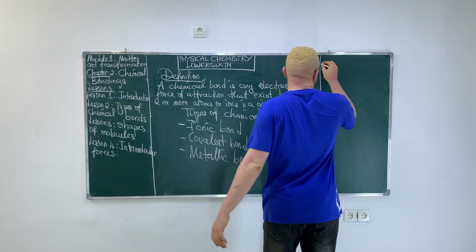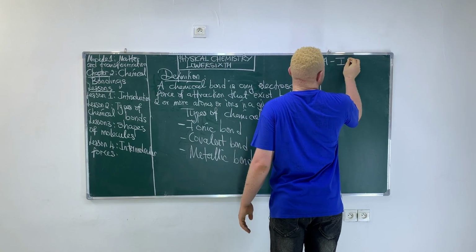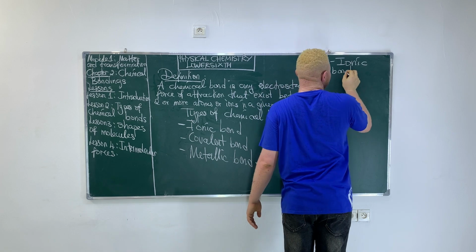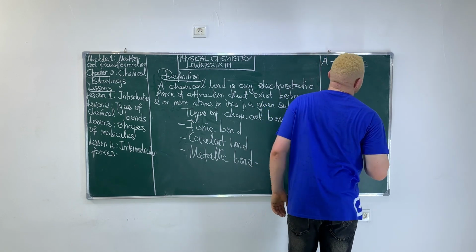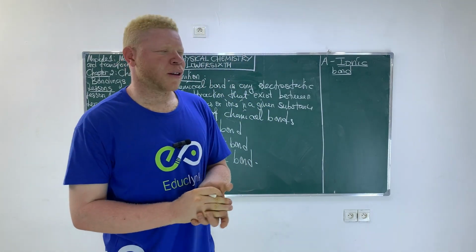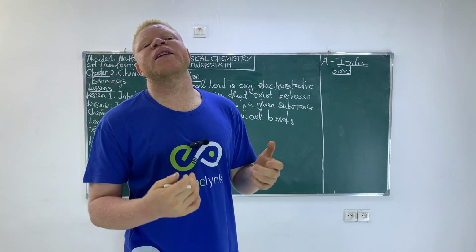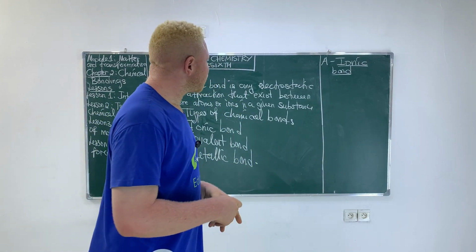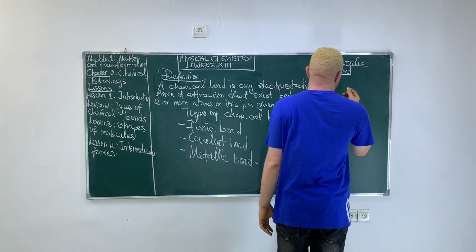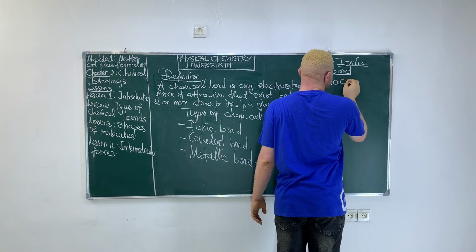A, ionic bond. An ionic bond is any electrostatic force of attraction that exists between oppositely charged ions. Example, we can have a compound like sodium chloride.